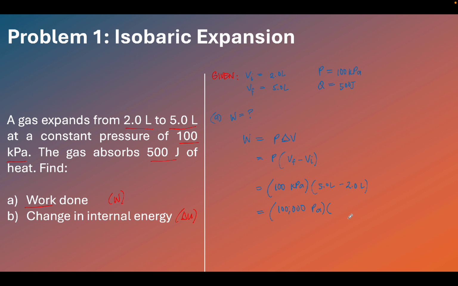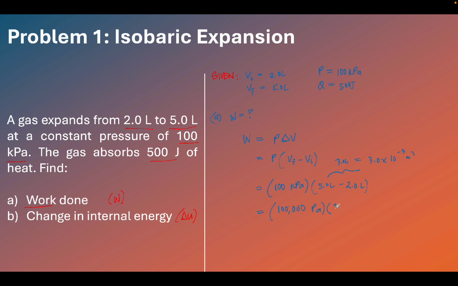So 3. Now, this is 3 liters. So if you will convert that into cubic meters, 3 liters is just equal to 3 times 10 to the power of negative 3 cubic meters. So we will use cubic meters here instead of liters.